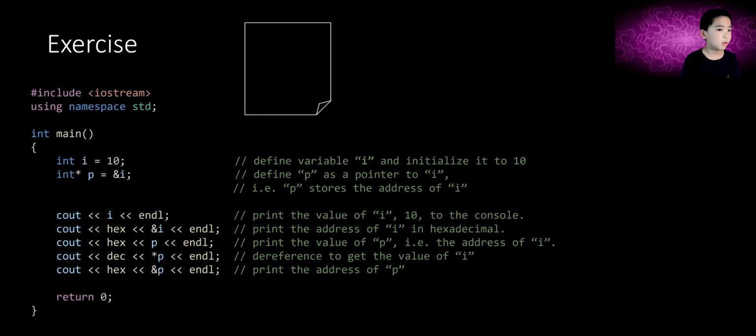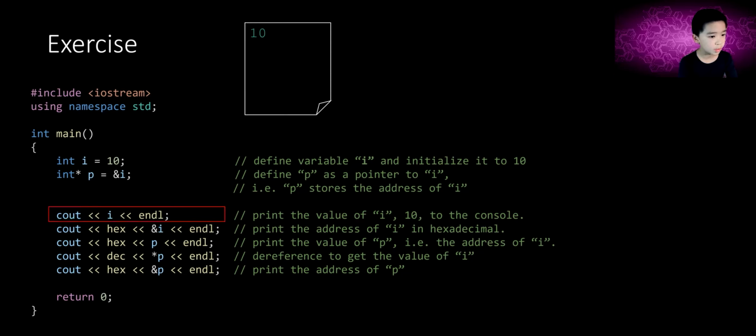Here is an exercise to see if you understand how pointers work. First, you create an integer I, which is equal to 10. Then you assign the address of I to an integer pointer p. Now, we print out I, which is equal to 10.